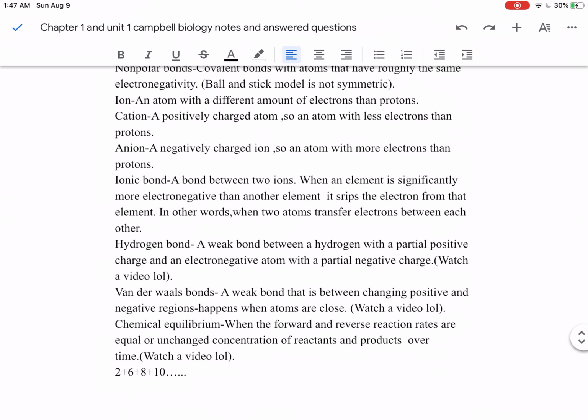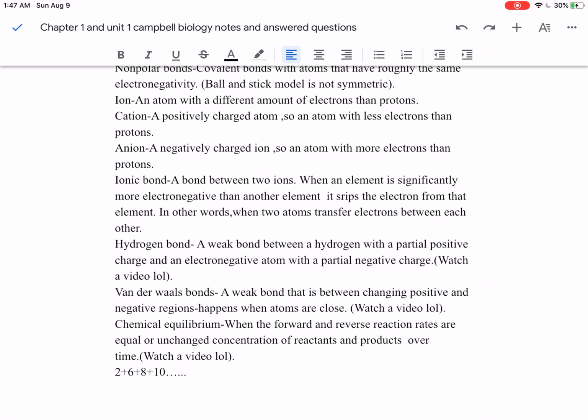Now, hydrogen bonds are basically, and I also recommend you watch a video on Khan Academy on the last three terms, because I'm not going to go too advanced on them because the book did not go too advanced, and this is an overview of the book. Hydrogen bonds get explained a lot better in chapter 3. In fact, they are a recurring idea in chapter 3, and they're very important there.